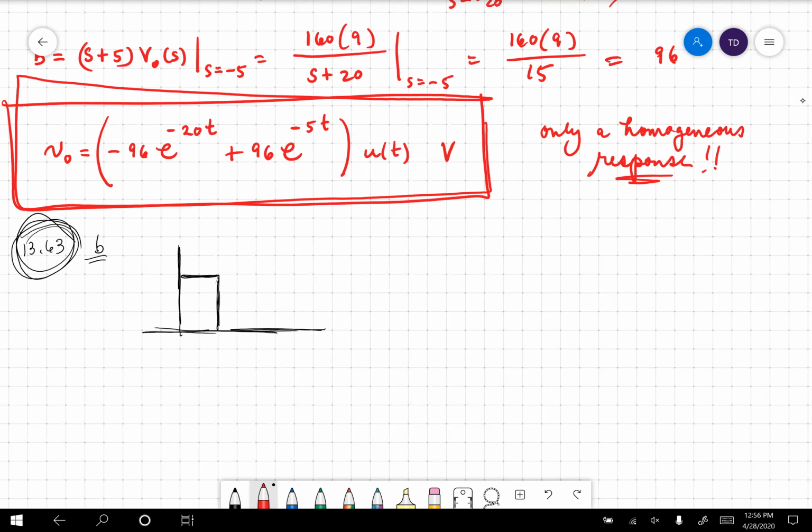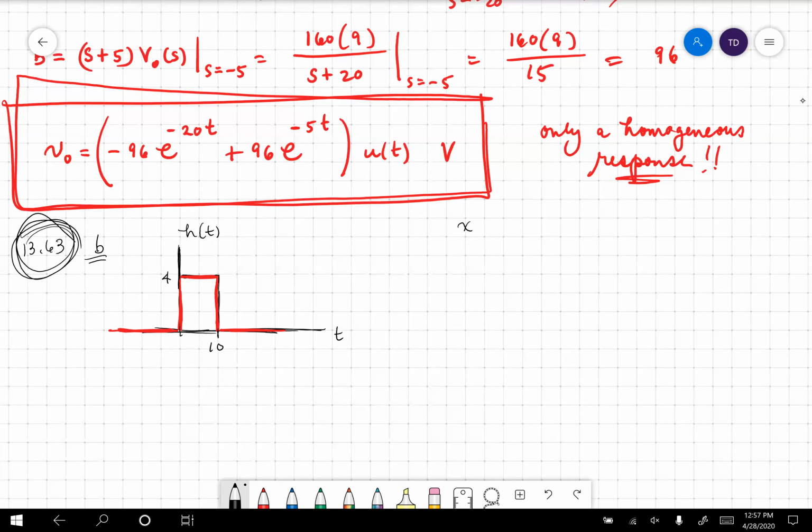Actually, let's put some color on this. So this is h of t, and h of t goes up to 4, and it extends for 10 seconds.